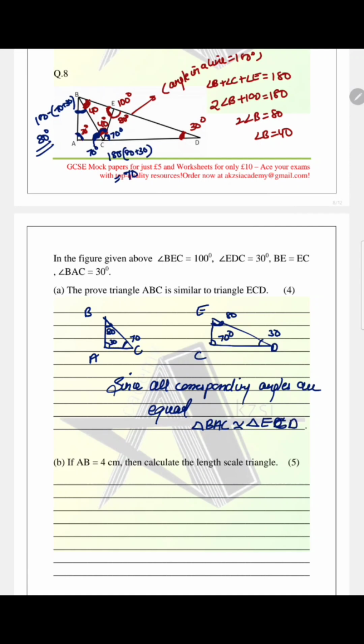If AB is equal to 4, then calculate the length scale factor. So if AB is equal to 4 centimeters, then we have to calculate the length scale factor. Okay, now let me just delete this whole.